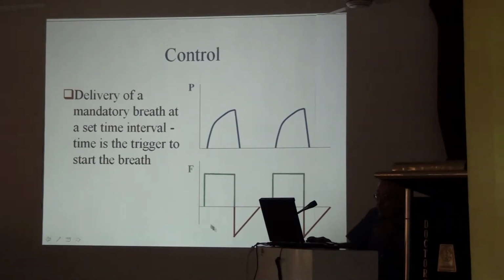So initial velocity is very high, but gradually it declines to zero. And see, there is no gas flow. This is the pause. You cannot understand whether there is a pause from the pressure curve, but you can from the flow curve.